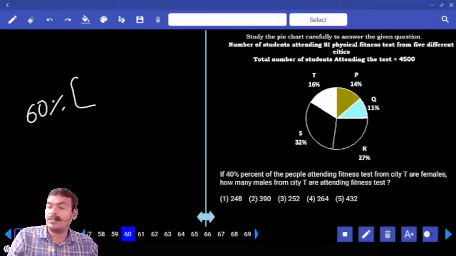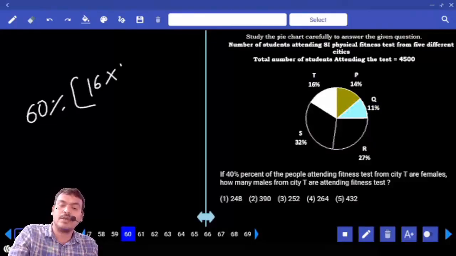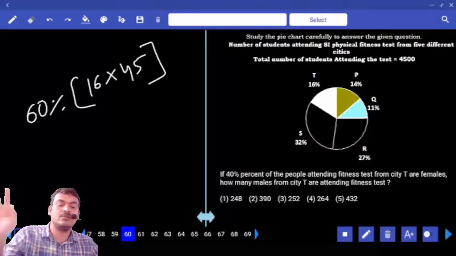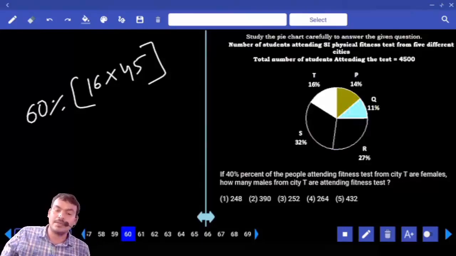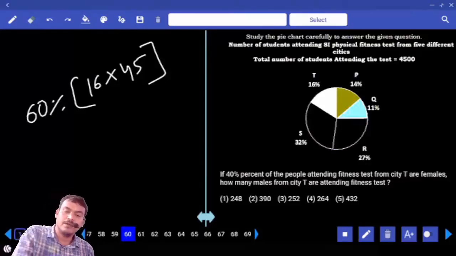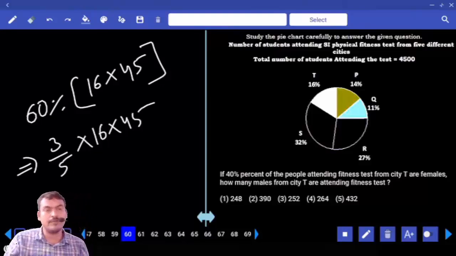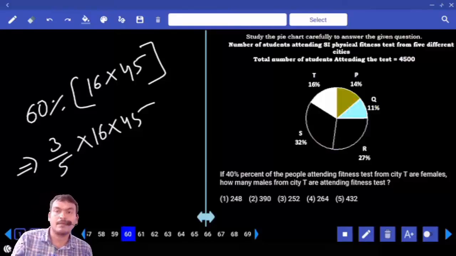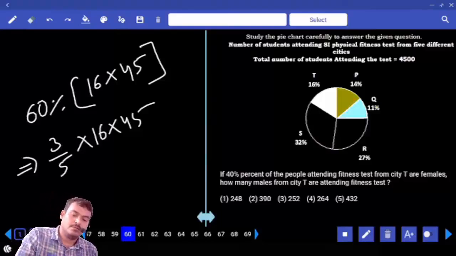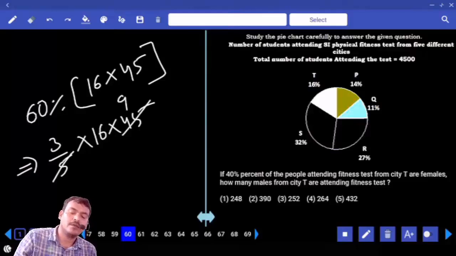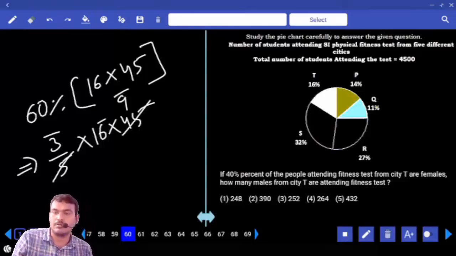16% is what? 16% of which value? 4500. Then we write 16 into 45, and 60% of 16 into 45. 60% means we write 3 by 5 into 16 into 45. 45 means 9 multiple or not. How many options are 9 multiple? 5 how many times 45? 9 times. 3 into 6, 18. 9s means ending with 2 or not ending with 2.